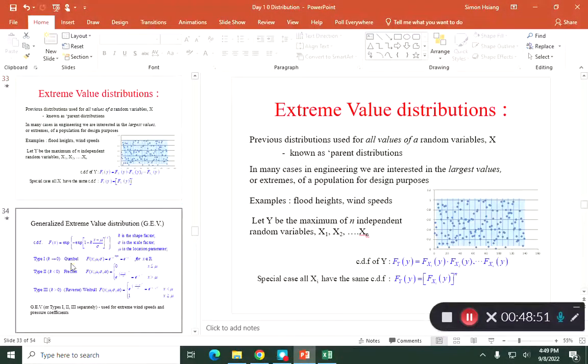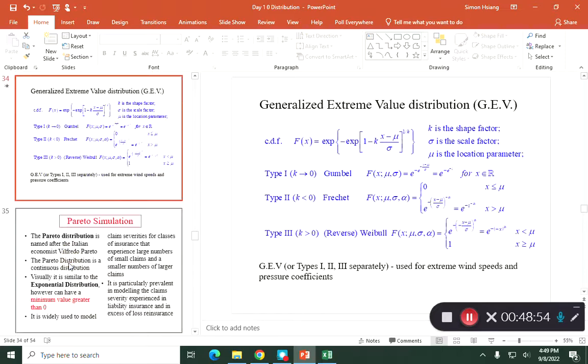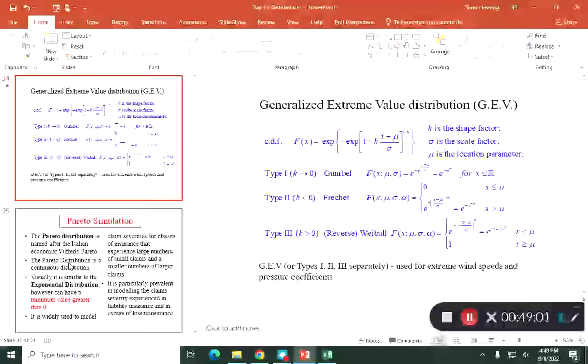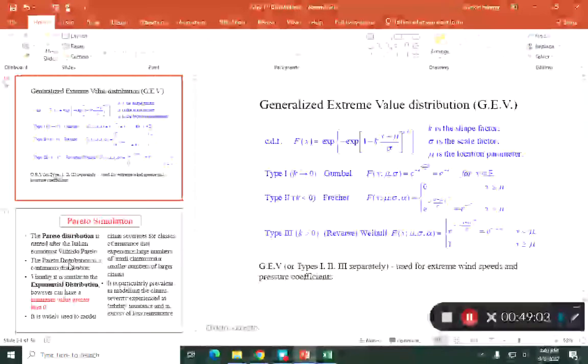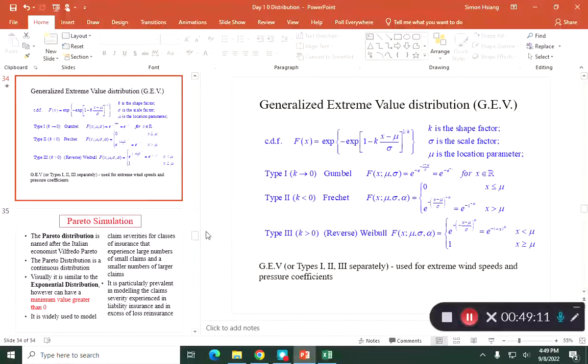Okay? There are three different types of general extreme value distribution, and this is exactly what they call it. Okay? Type 1, type 2, type 3. Type 1 is Gumbel, type 2 is Fréchet, type 3 is reverse Weibull. And look at the general form of the distribution, okay? Exponential of exponential.